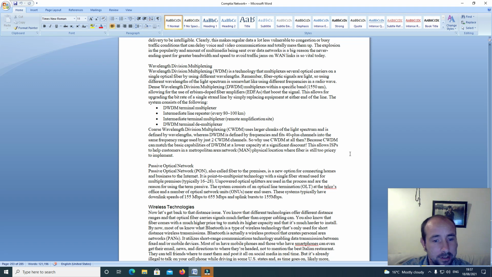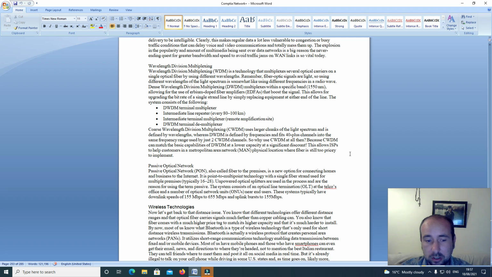Coarse wavelength division multiplexing, CWDM, uses larger chunks of the light spectrum and is defined by wavelengths, whereas DWDM is defined by frequencies and fits 40 plus channels into the same frequency range used by just 2 CWDM channels. So why use CWDM at all?